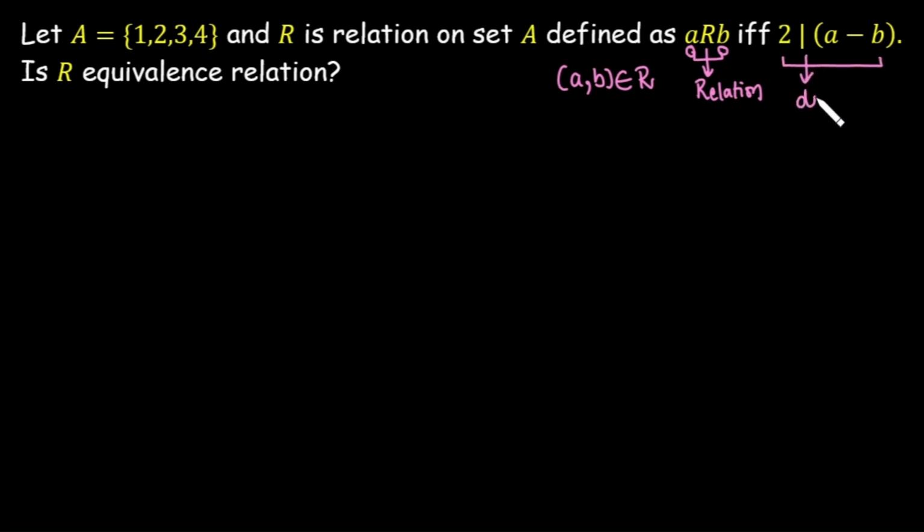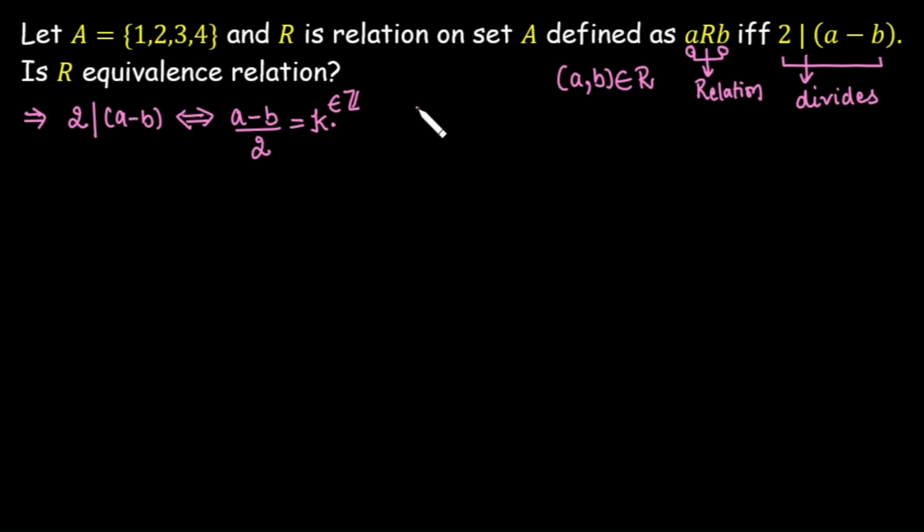This is the symbol for divides. When we say that 2 divides A minus B, another way to write this is that A minus B is divisible by 2, means we are getting some integer here, where K is any integer. Now we need to check whether this relation is an equivalence or not.